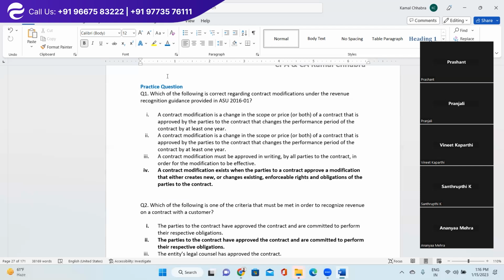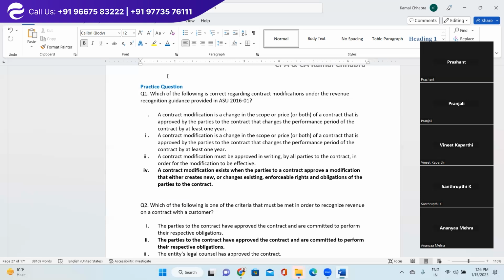Second is, a contract modification is a change in scope and price or both of a contract that is approved by the parties to the contract that change of the performance obligation of the contract by at least 1 year. Oh, it seems same. Third option is, a contract modification must be approved in writing by all the parties to the contract in order for the modification to be effective.